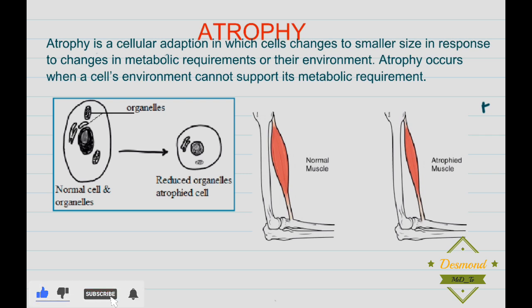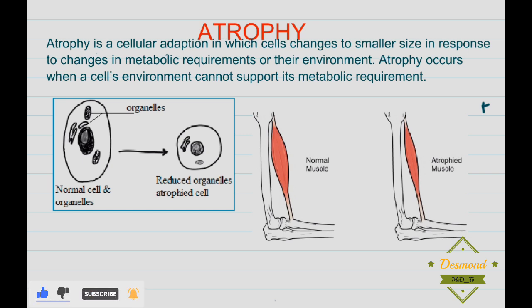So just think of a plant in a dry season environment. What happens to it when it starts to lack water? You will see that the plant itself, or the stem of the plant or the leaves, start to shrink, leading to a reduction in the size of the tissue or the organ of the leaves. Right? So let's take a clinical example.